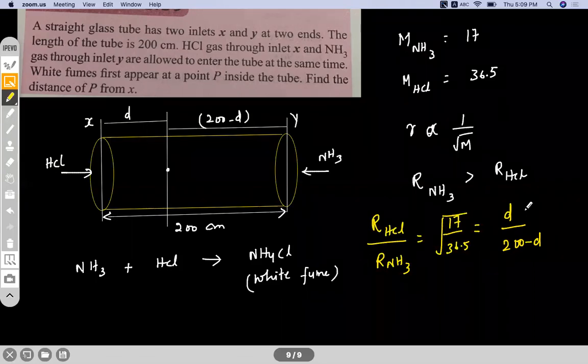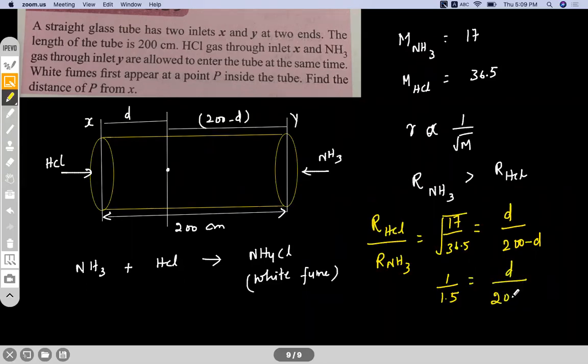Okay. So this is 2.25, and the square root is 1.5, isn't it? D by 200 minus D. And when you solve this for D, you will get approximately 81 centimeter. Answer is this.